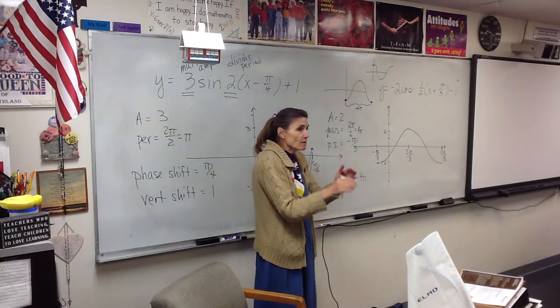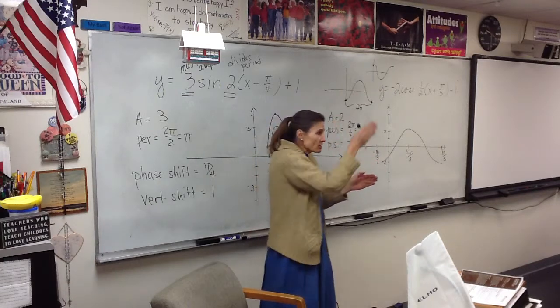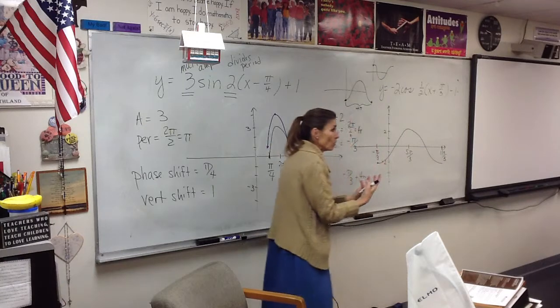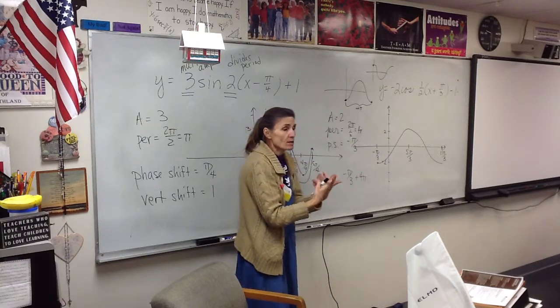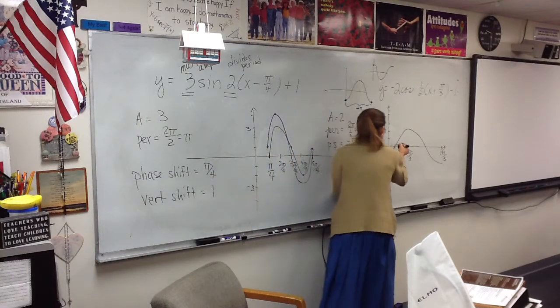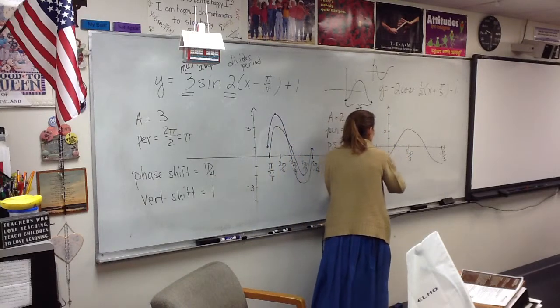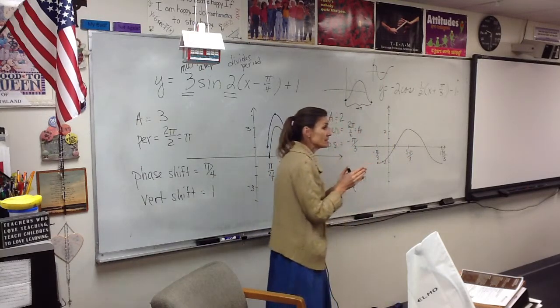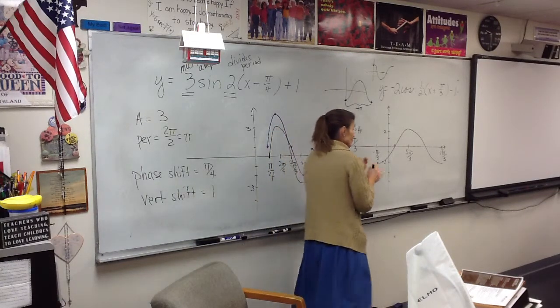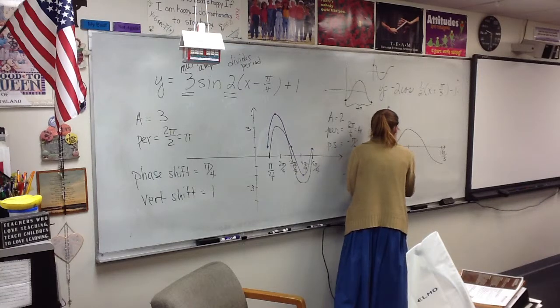Again, everything is evenly spaced, so when you start splitting up this period, you're going to be finding midpoints. And midpoints are averages. You add and divide by 2. So this point right here, -1 plus 5 divided by 2, is 2 pi over 3.